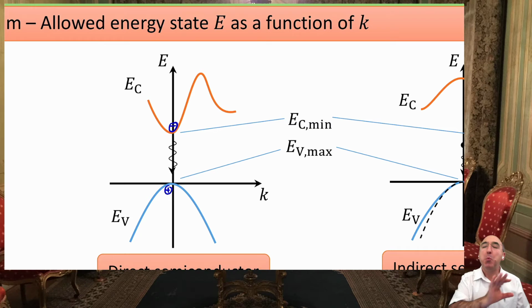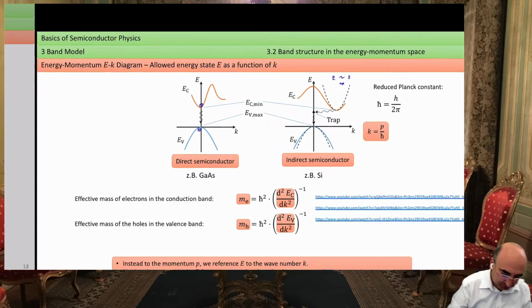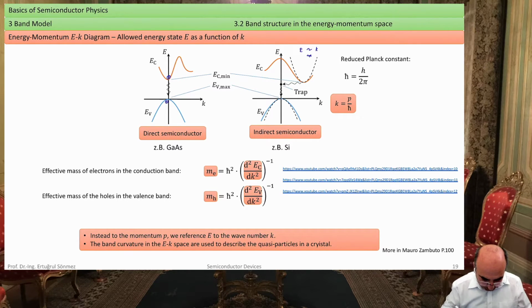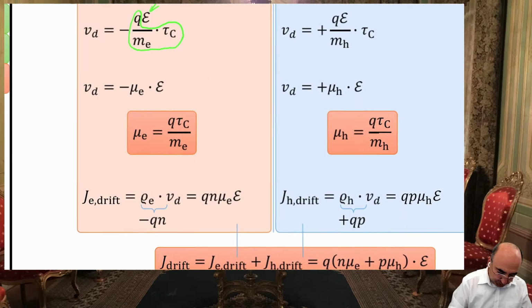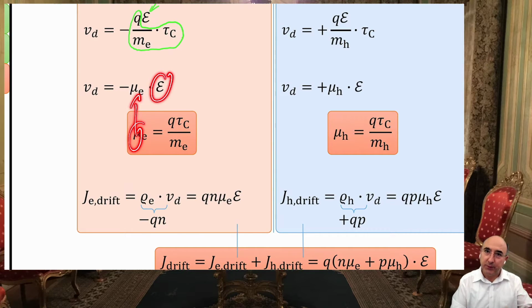At the moment, we say mobility is constant. We keep it simple. So the mobility is constant. We increase the electric field, we increase the voltage we apply, we increase the speed. That's it.